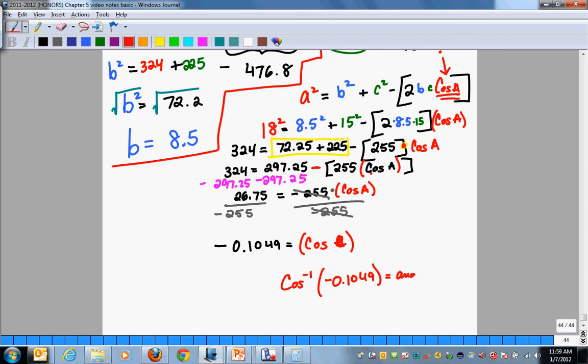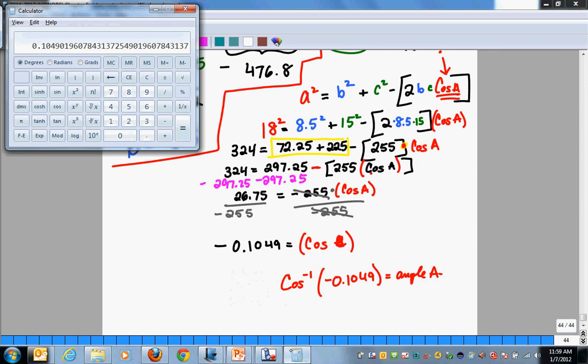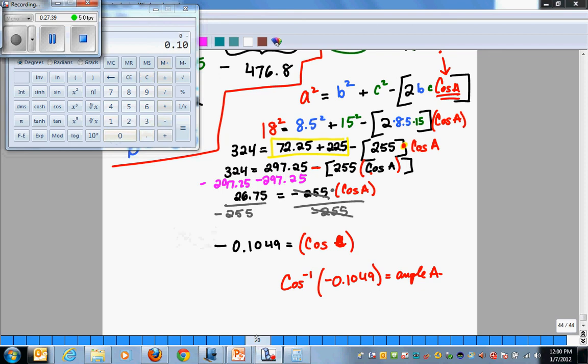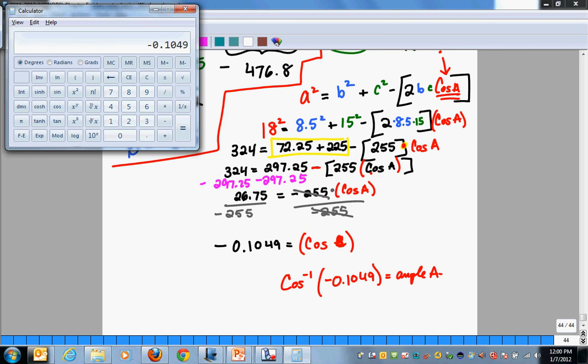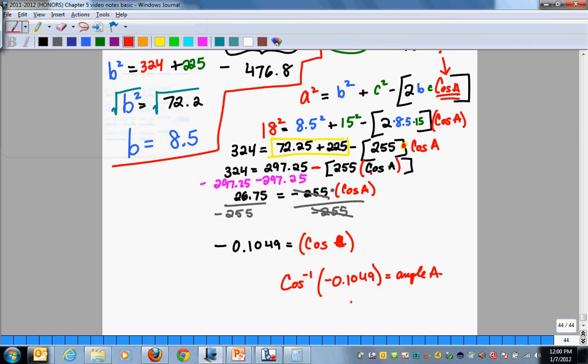It's going to give us angle A. Okay, so here we have negative 0.1049, and now we do inverse cosine, and we get 96 degrees equals angle A.